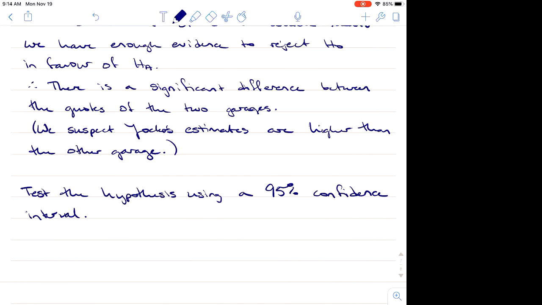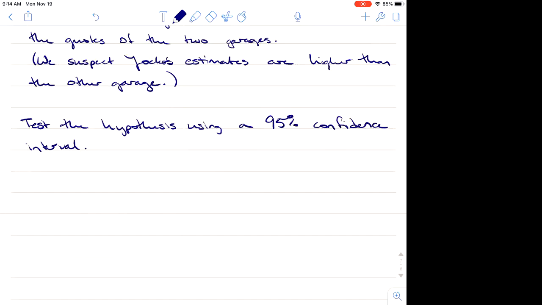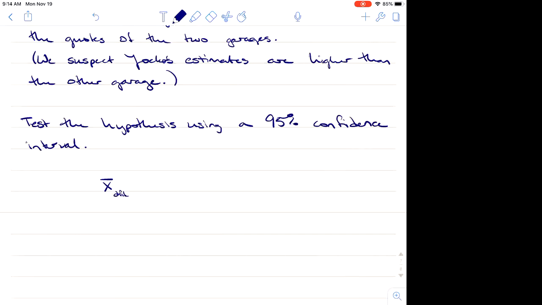So what if we had to find our confidence interval? If we look at our formula sheet, our confidence interval looks like x bar of the differences plus minus t star.